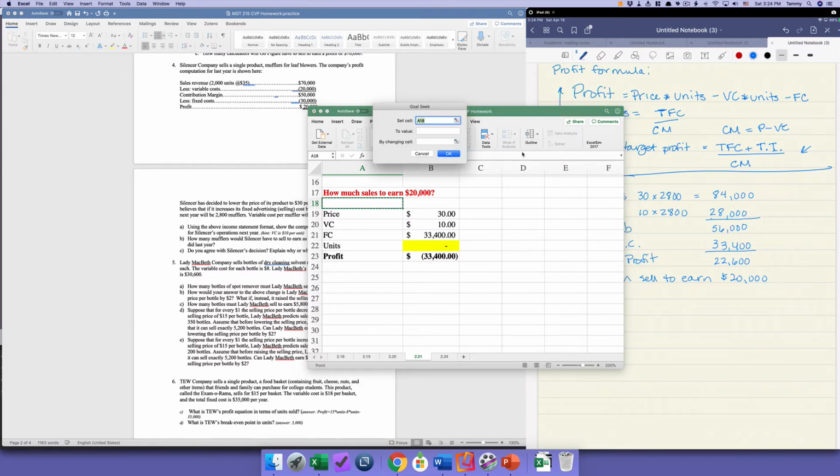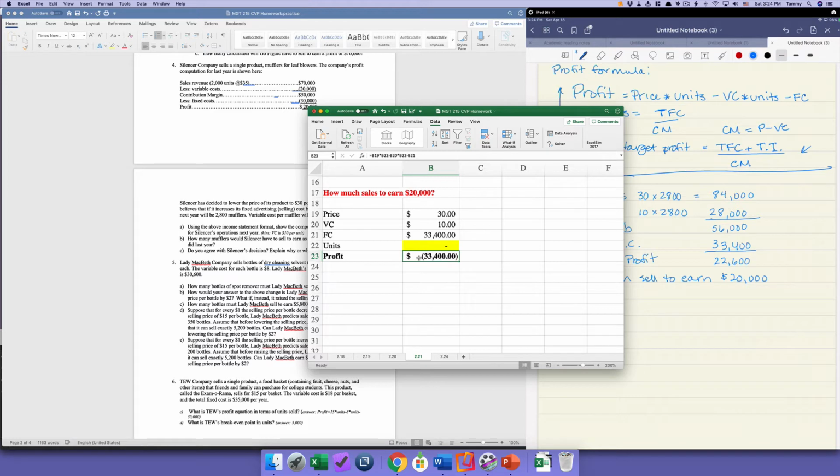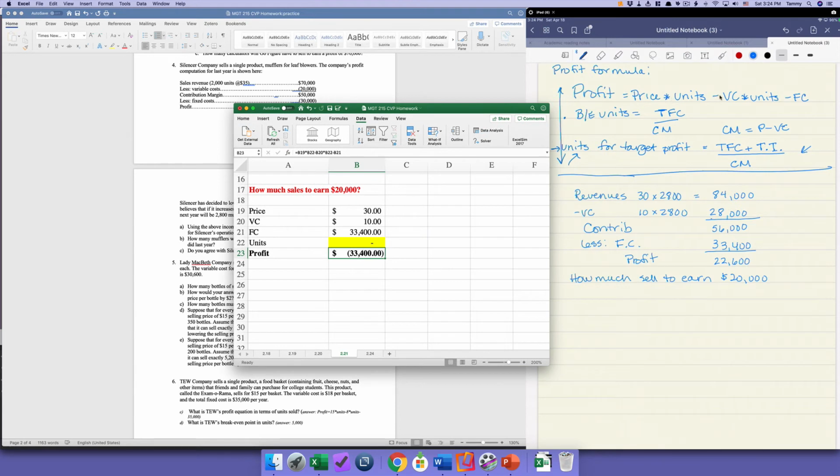Right, so we want to set this cell here equal to $20,000. Now before I use that menu, I want to show you what's in this cell. This cell is the profit calculation. We've been saying over and over again it's price times units minus variable cost times units minus fixed cost.